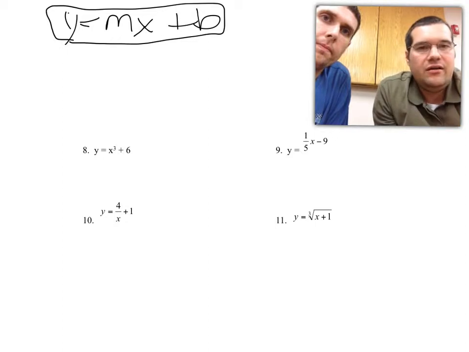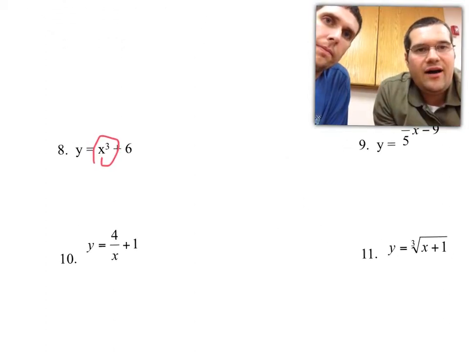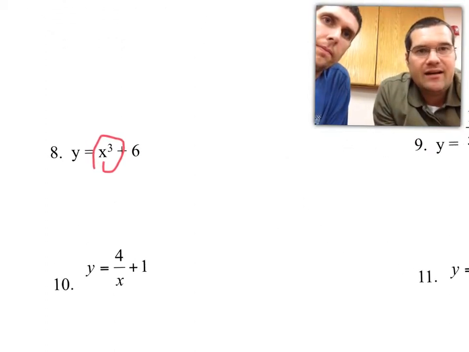Taking a look at practice problem number 8, here we have y equals x cubed plus 6. As soon as I see x cubed, I see that the variable is being raised to a power, and I know automatically that's not going to be a straight line.